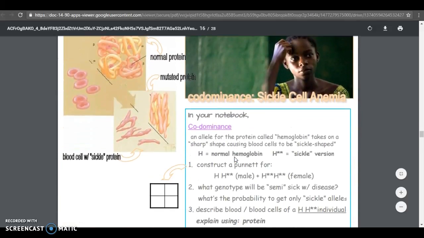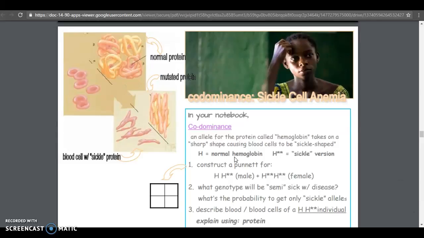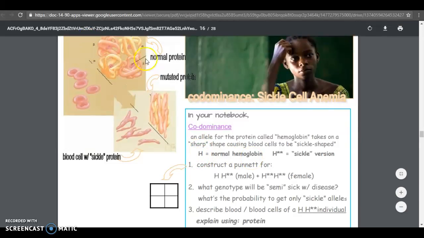Here we have a situation we visited earlier in chapter 12 called Sickle-Cell Anemia. And if somebody inherits 2 of these dominant H's, they have normal hemoglobin, and that's what the hemoglobin protein looks like.